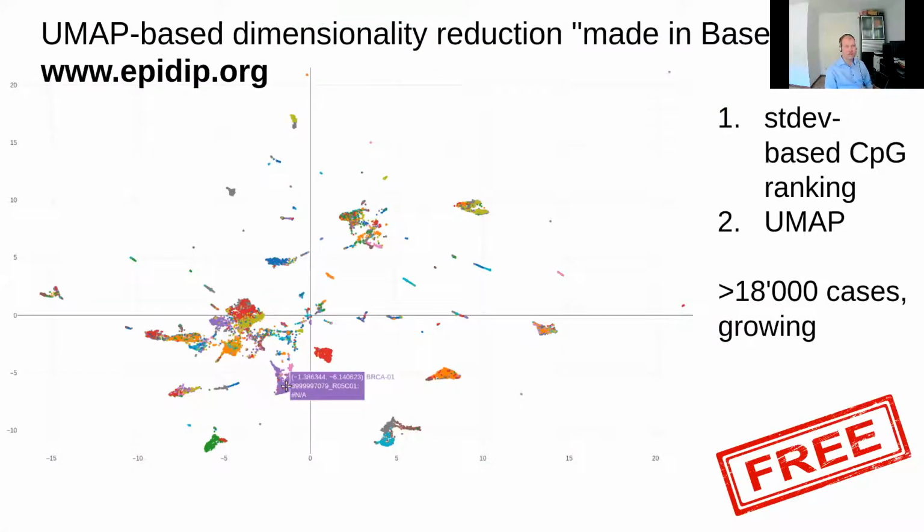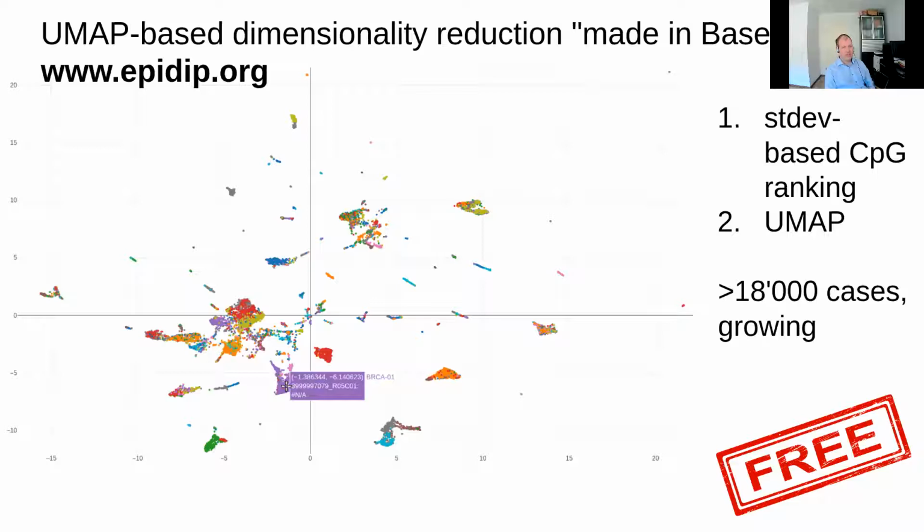And therefore we developed Epidip. It's a platform that uses standard dimension reduction. Here we use uniform manifold approximation projection, simply because the algorithm is much less resource consuming than classical t-SNE, for instance, and it has been ported to GPU processors.